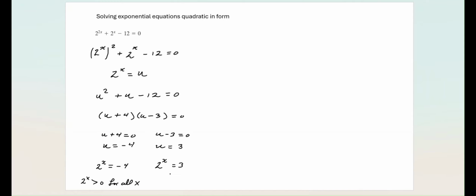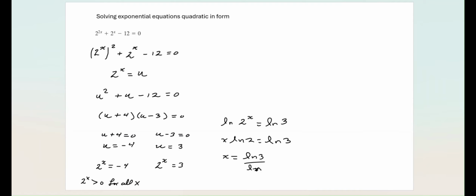You apply the natural logarithm to both sides. So you say ln of 2 to the x equals ln of 3. Now you rewrite this exponent as a factor. So you say x ln of 2 equals ln of 3. You divide by ln of 2. So you say x equals ln of 3 over ln of 2.